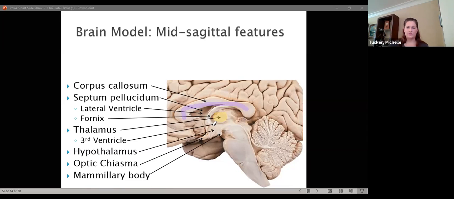And in between those, we get the hypothalamus. If we were looking at a model, we would also have the pituitary gland hanging off what's called the infundibulum, a stalk. But it's been removed from this model.